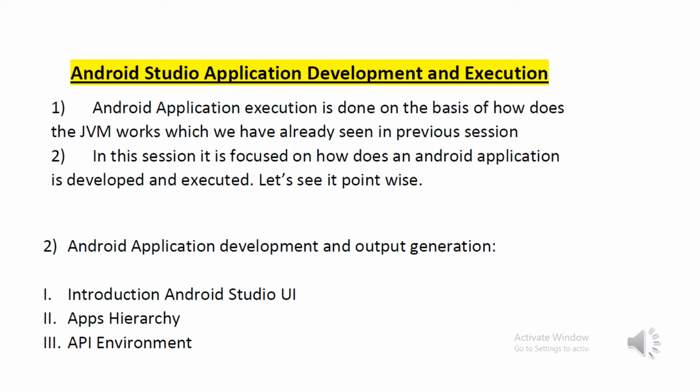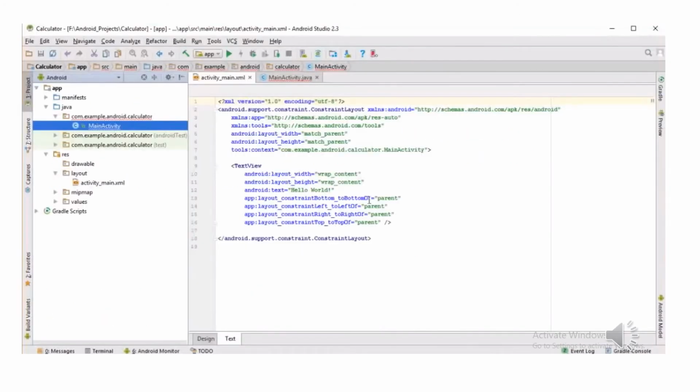You can compare that architecture, which includes the .java file, then its compiler, then the class, then the JVM environment, and so on. You can refer to the same diagram to explain how a Java application is executed, and you can describe its theory also. So this is the theory related to Android application execution. Now let's see how an Android application is developed.